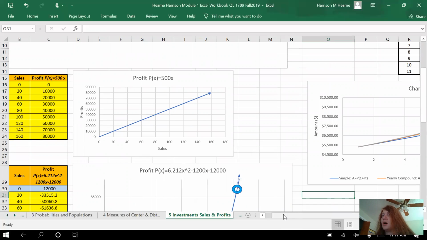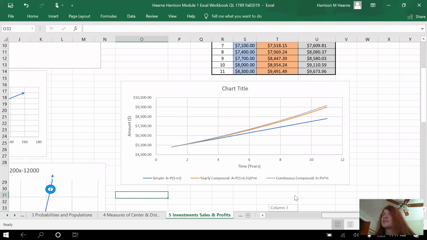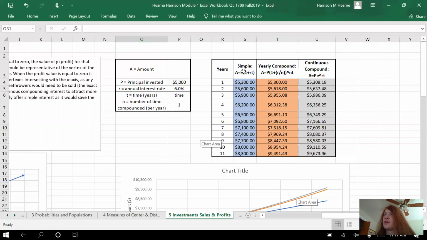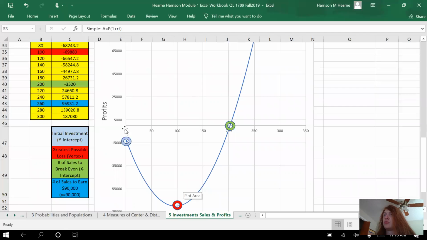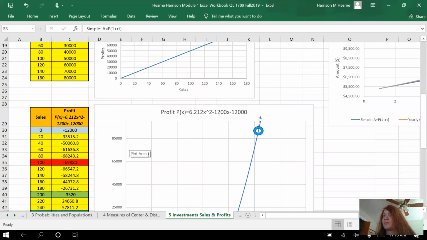Just like the profit, where we started off with a simple formula and then used a more complicated formula, for investments, we're going to start off with a simple investment formula, which is that your total amount of money is equal to the principal amount you invested. That was the initial invested amount. So in this example, the principal would have been the negative 12,000 right here that we invested.